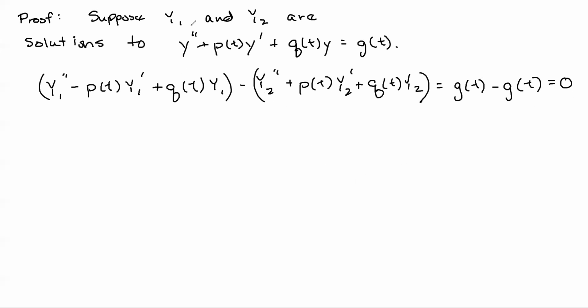Does that make sense? You take Y1, plug it in, that's this. Take Y2, plug it in, that's this. Subtract them, and substitute g of t for each one. Then the g of t's cancel and you get 0.